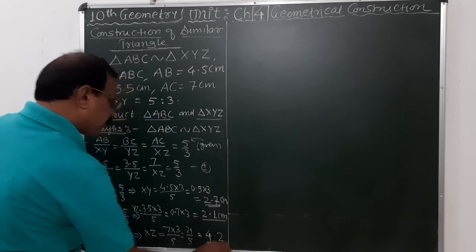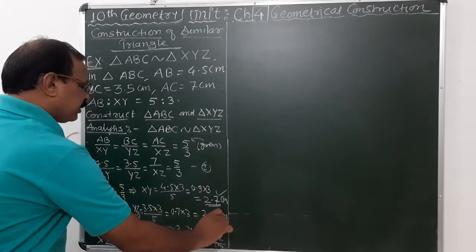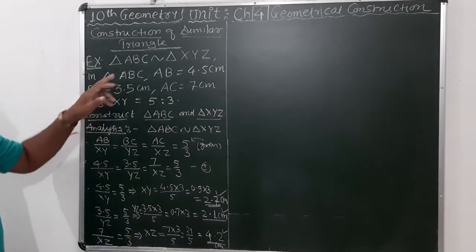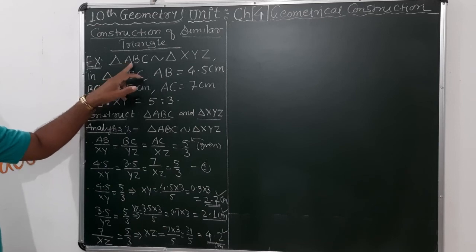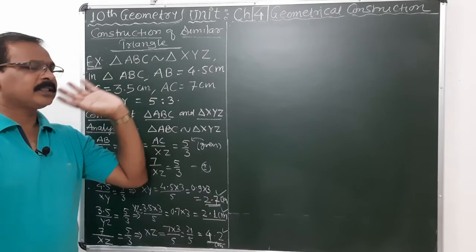So by using these values 2.7, 2.1 and 4.2, we can construct triangle ABC and triangle XYZ, such that they are similar to each other.